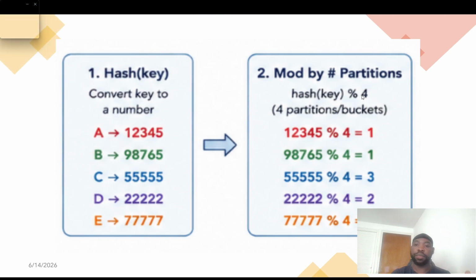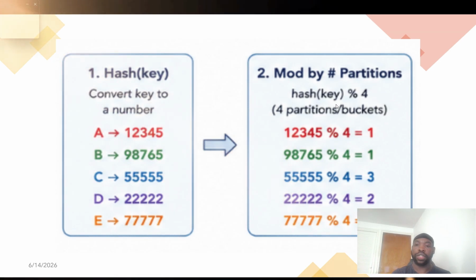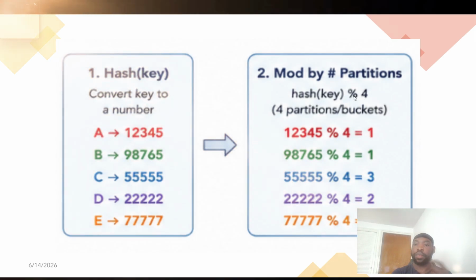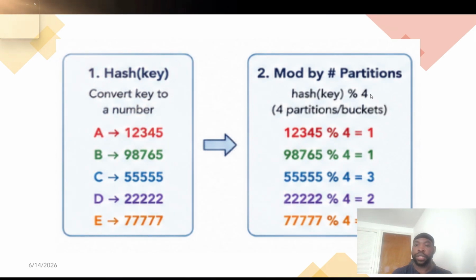Say for example, the number of partitions within your cluster is 4. The number of partitions can be set by using spark.sql.shuffle.partitions. So the number of partitions is set to 4. Now when you calculate hash of key A modulus 4, you get 1. And when you calculate hash of key B modulus 4, you also get 1.